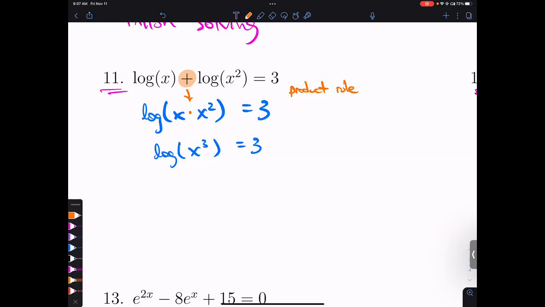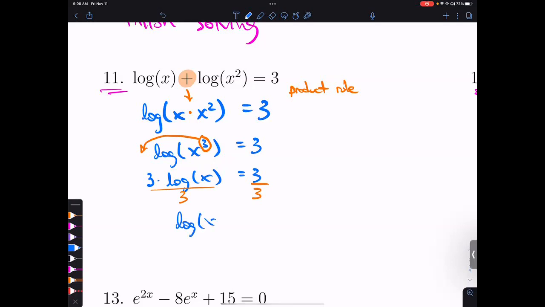To solve that, there are a few different ways you could go here. You could just rewrite it now. Or if I want to think about log properties and special things that logs can do, sometimes those will help make life a little bit easier. I can take this power and bring it down. So this is 3 times the log of x equals 3. Divide both sides by 3.